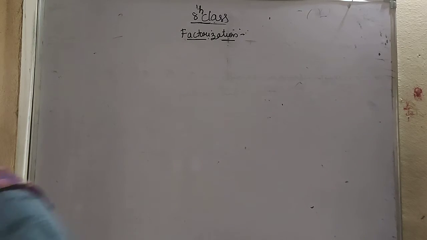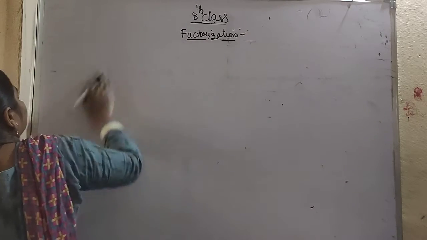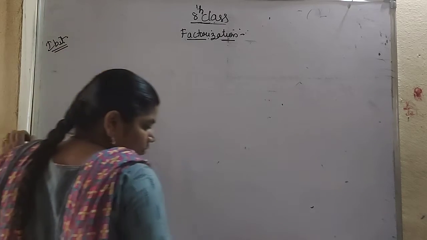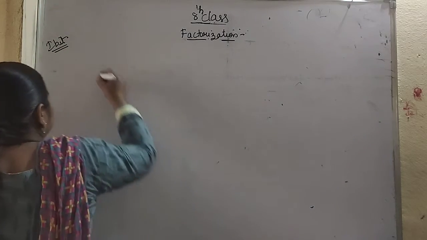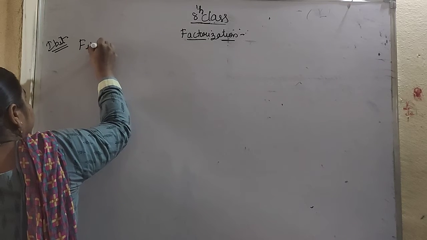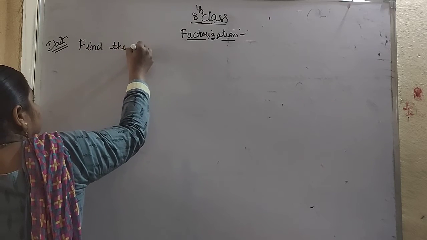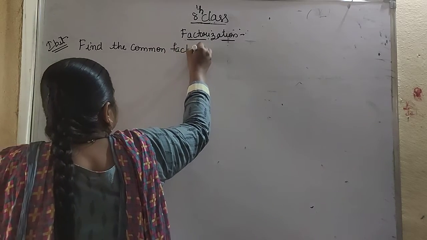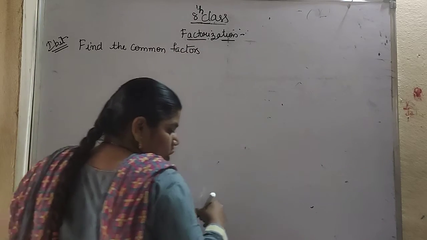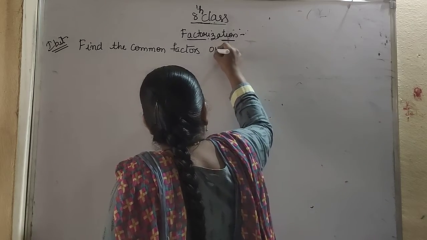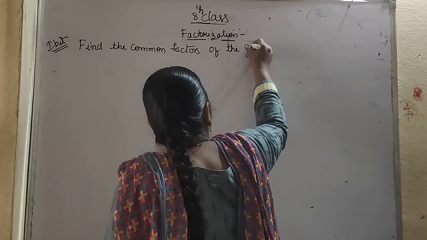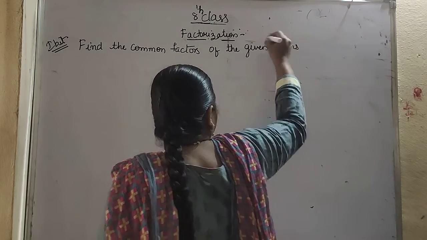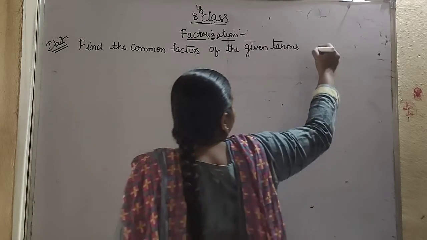So this is the first bit. So first one. What is the first bit? Find the common factors of the given terms in each case.